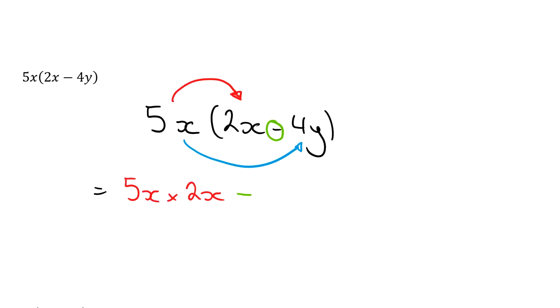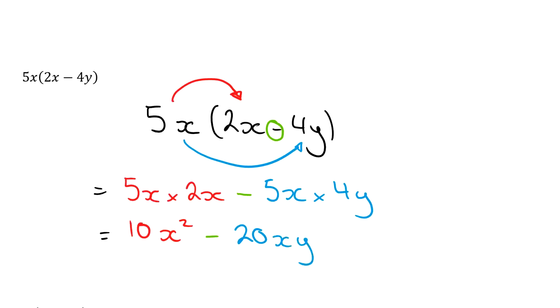So we have now, for the blue arrows, 5x times 4y. And we can solve these, so 5x times 2x, so 5 times 2 is 10, x times x is x squared. We have our minus still, and then we do 5 times 4 is 20, x times y is just xy.